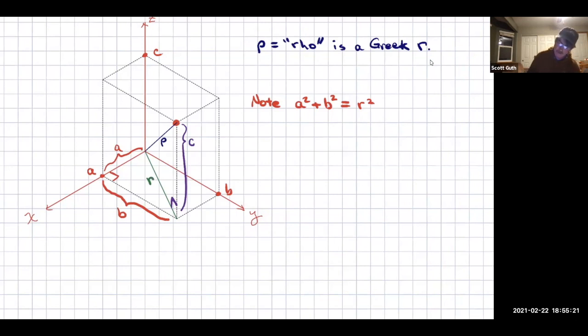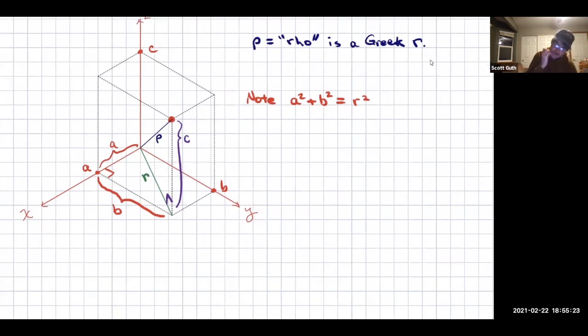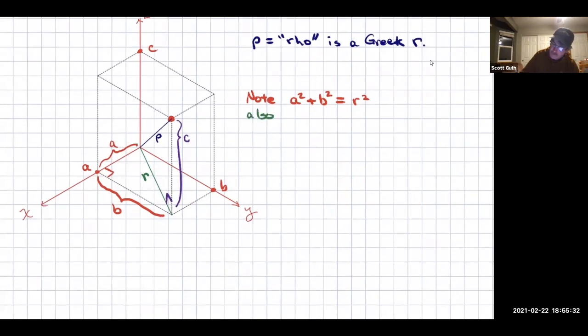So C squared plus R squared is rho squared. So we're going to say it this way. We're going to say also R squared plus C squared is rho squared. And then just recognize A squared plus B squared is R squared.